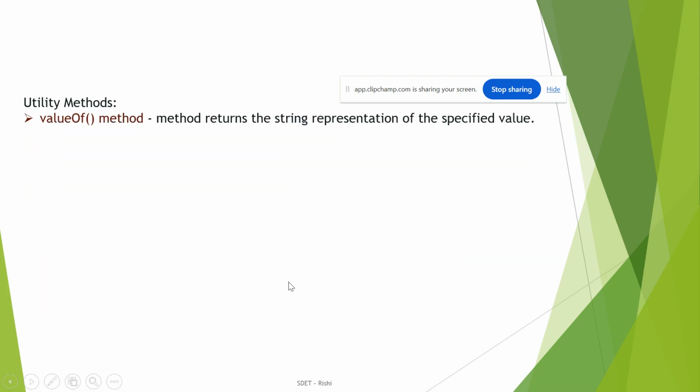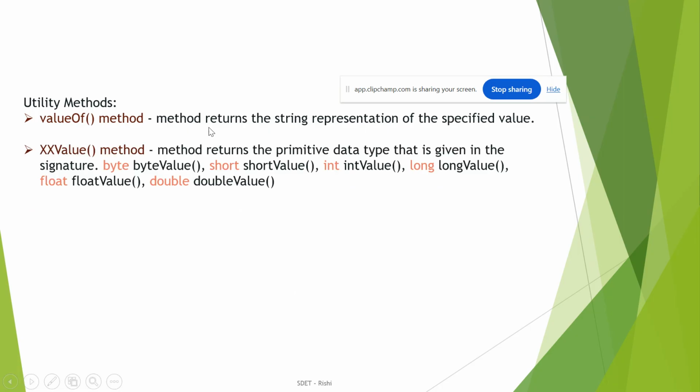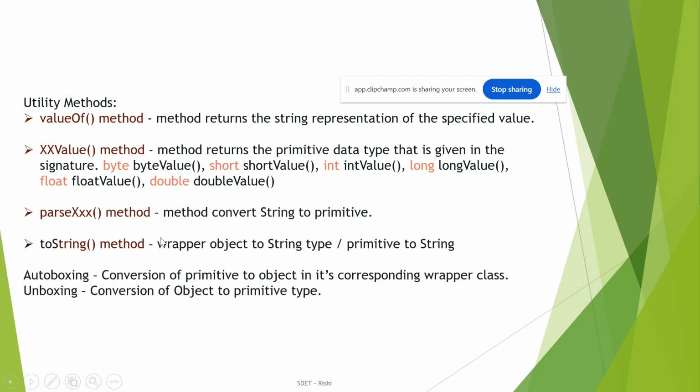Some utility methods we have, like the valueOf method. The valueOf method returns the string representation of the specified value, whatever it is. Like if I'm passing int, float, whatever the value, it will go and check for that. In this slide just understand this, and in the upcoming session we will discuss it with an example, with a program. Whatever value it has, like byte, short, int, long, we can get the value on the basis of the valueOf method.